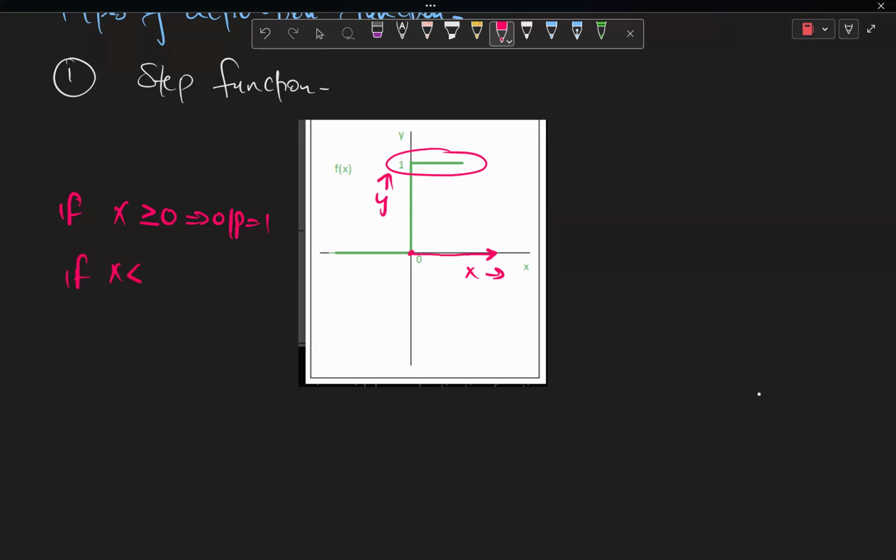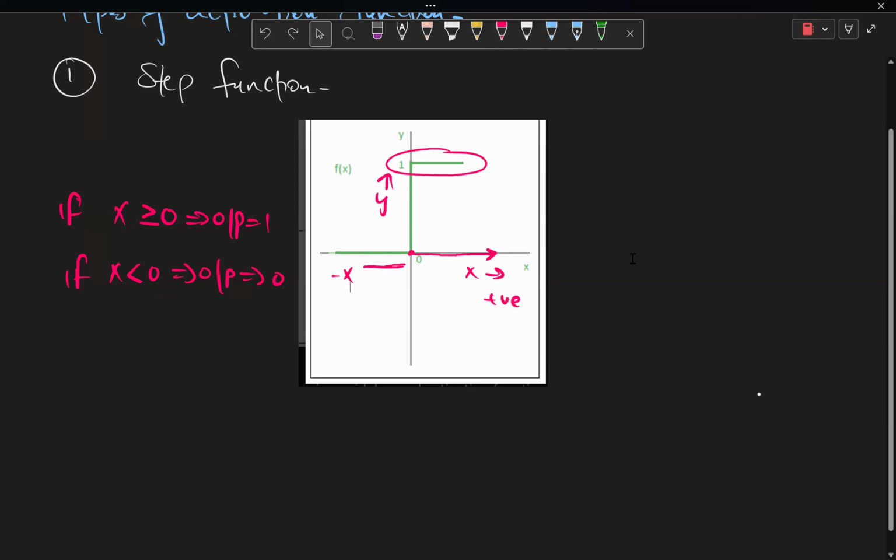And if the x value is less than 0, then output is 0. See, if x is going in this particular direction, negative, your y is not increasing, your y is 0. Right? Simple solution: if your x value is more than or equal to 0, your y is 1. And for negative values of x, your output will remain 0. This is called your step function.